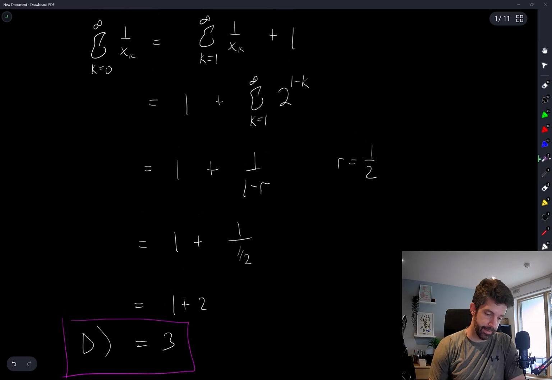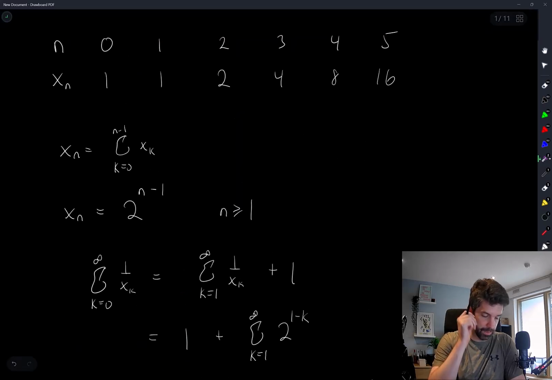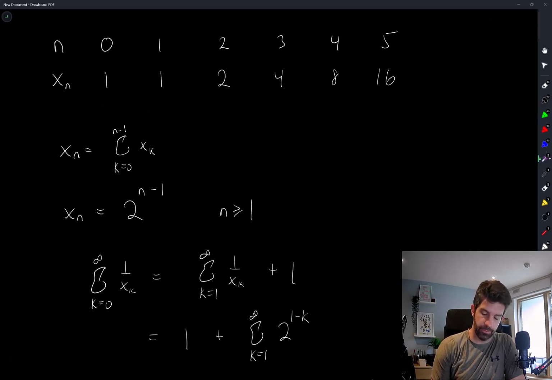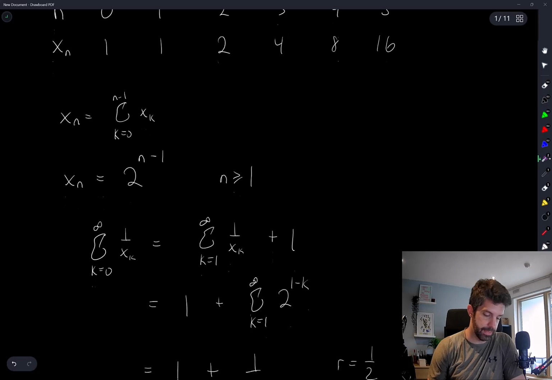Other than my terrible little blunder at the beginning, for some reason thinking these were the triangular numbers. I mean, the triangular numbers are the sum of all integers less than or equal to n. But this is different. This is the sum of all previous terms for indices less than n. As soon as you write this out, you can see very quickly that we just get powers of 2, although we have an extra term in here.